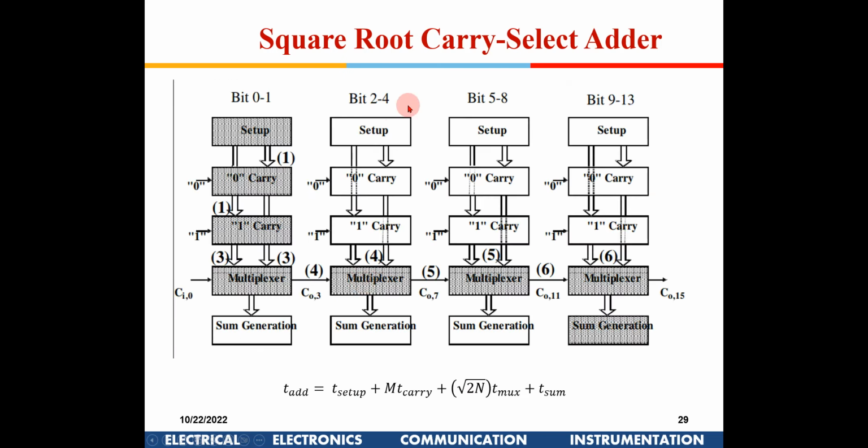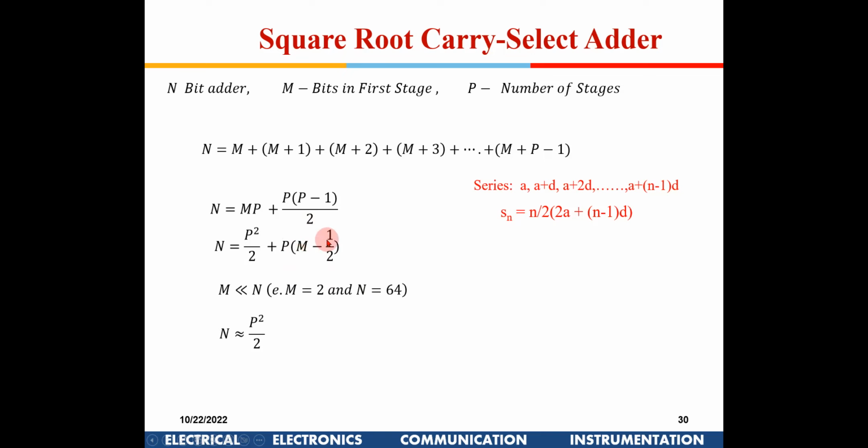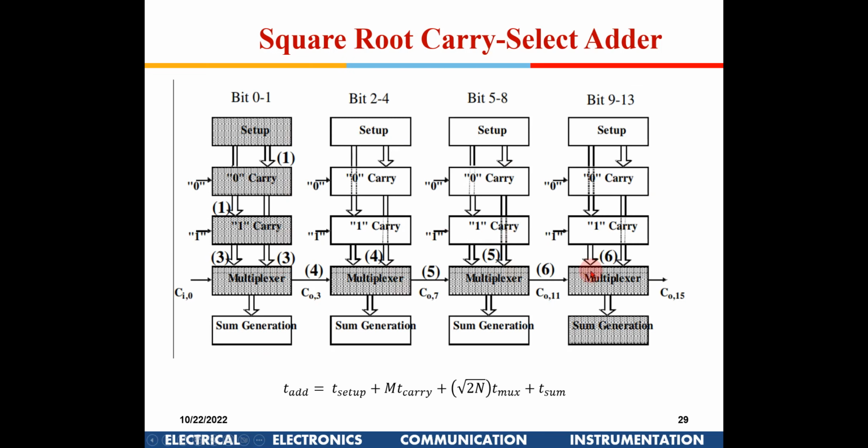So this becomes negligible. So you can neglect this term. So n becomes approximately p square by 2. So p is equal to square root of 2n. That means the number of vertical stages, which is p, is square root of 2n. So that is the reason why this name comes from square root.